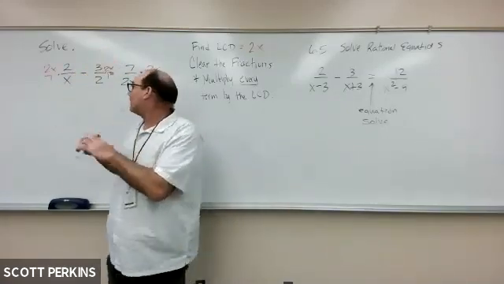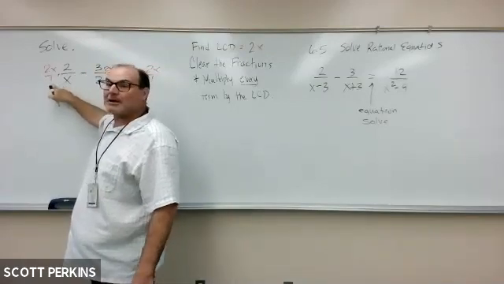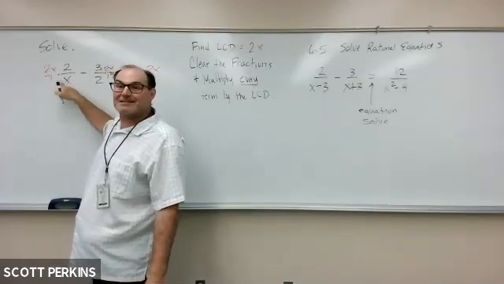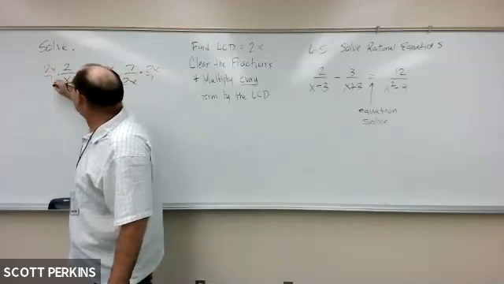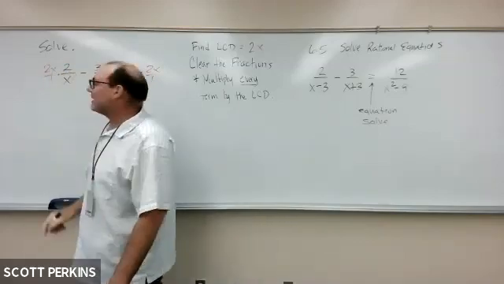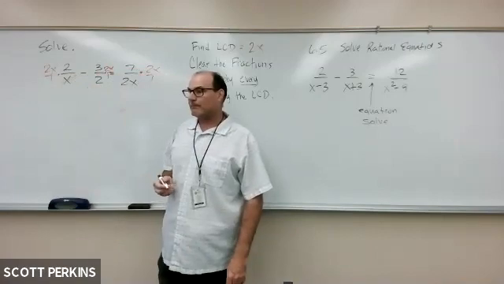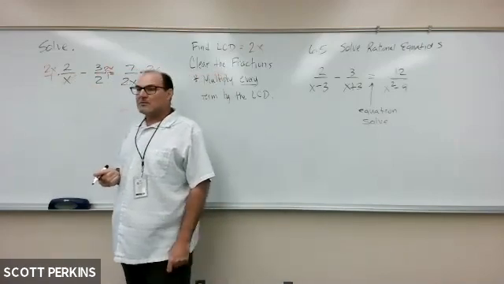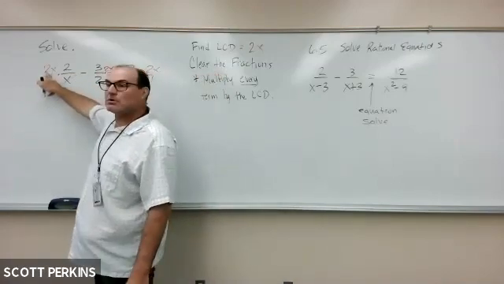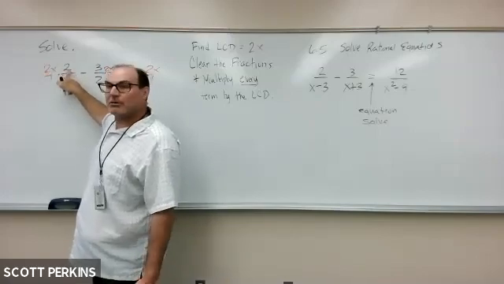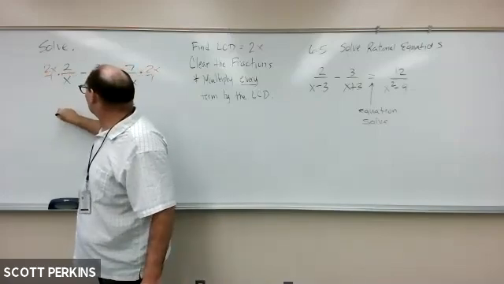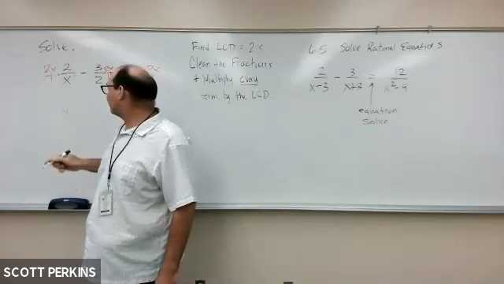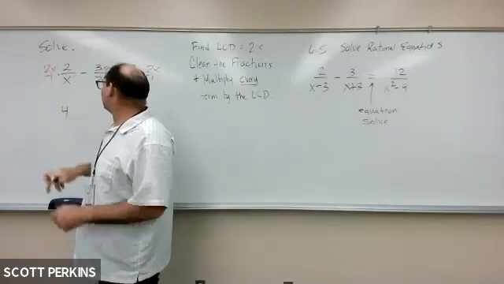That's exactly the same. What is in the numerator and the denominator between these two fractions? That's exactly the same. The x. So I can cancel this x with that x right there. And then what's left? 2 times 2. What's 2 times 2? 4. It's not a fraction.